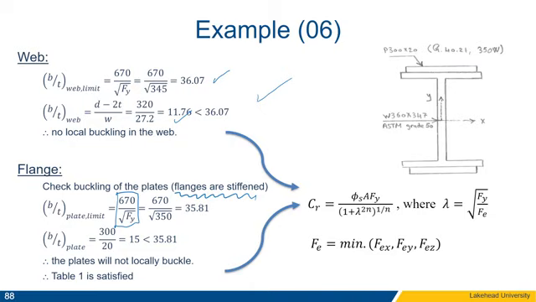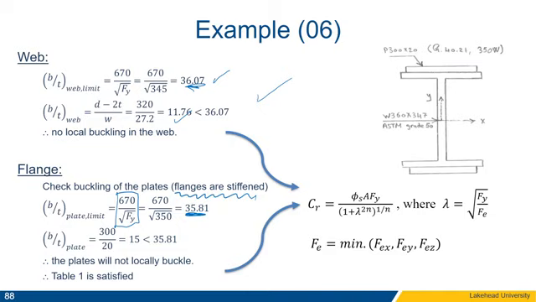If we go to table 1, we can see that limit. It will be slightly different from the one we used for the web, because we have a different grade of steel between the section itself and the plate. So we can evaluate that limit.